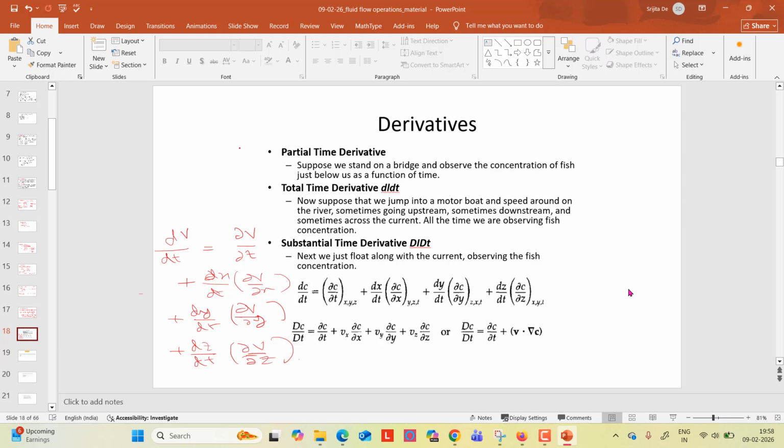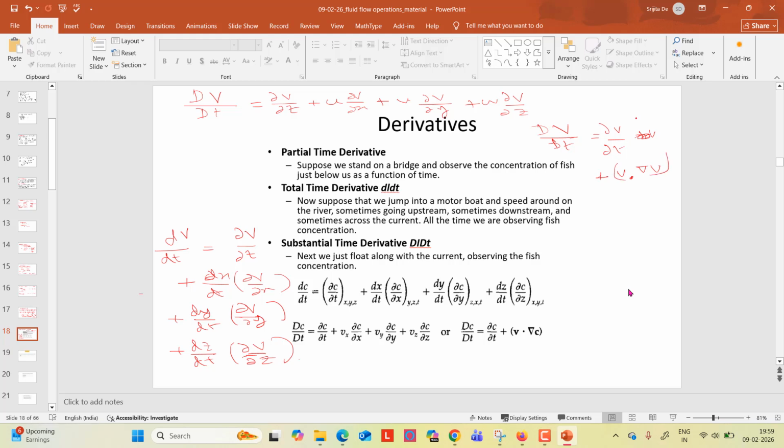Total derivative, if you write it in case of V, so dV/dt equals del V/del t plus u del V/del x plus v del V/del y plus w del V/del z, or dV/dt is del V/del t plus V into the divergence of gradient of V. Okay.